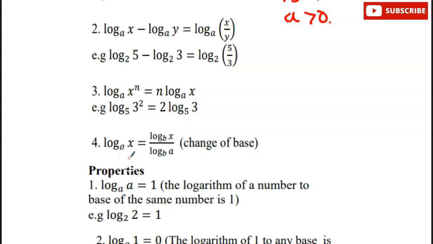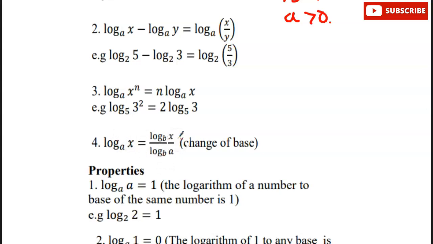The fourth law, we call it change of base. On the left hand side, assuming that you want to change the base a to a certain base b, how do you do that? So log x to a base a. If you want to change it, then on the numerator, log x, the number, to the new base, over log of the base to the new base, so log a to the base b.